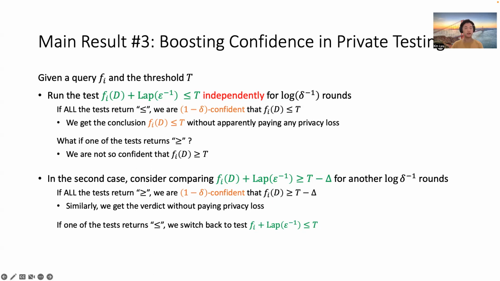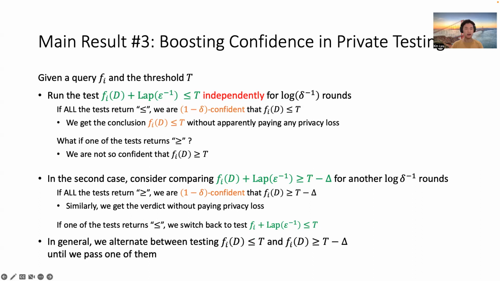However, if one of the tests returns less than, we are not very confident that f_i is less than t minus delta. But still, we can switch back to test if f_i is upper bounded by t. In general, our algorithm alternates between testing f_i is less than t and f_i is greater than t minus delta. We alternate testing these two claims until we pass one of them.